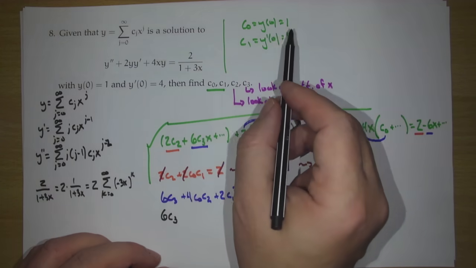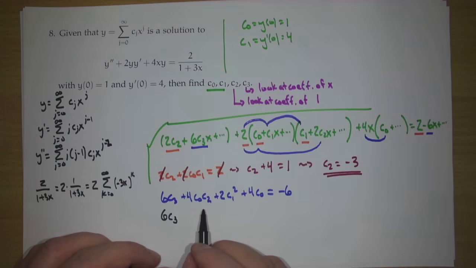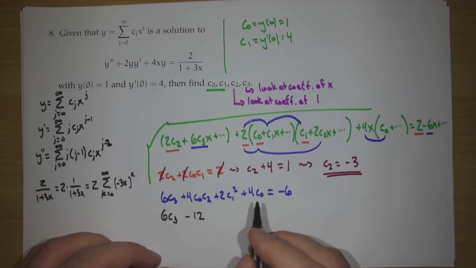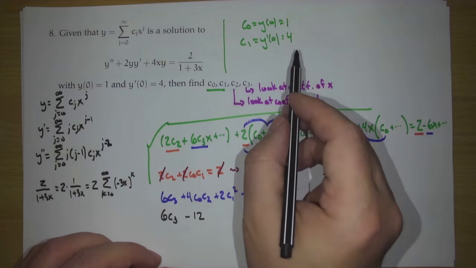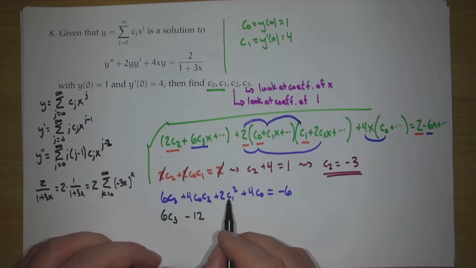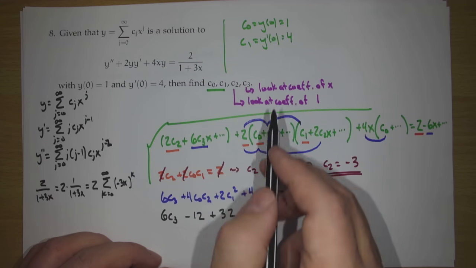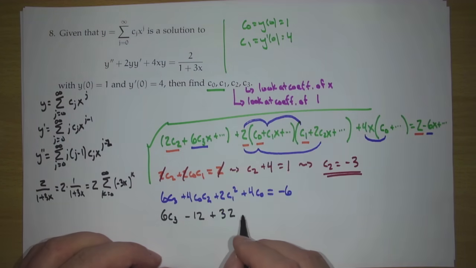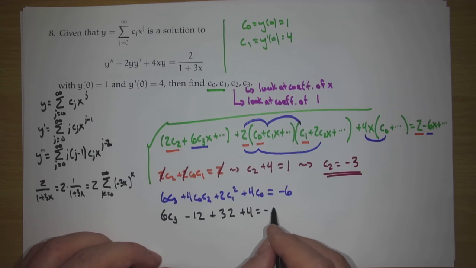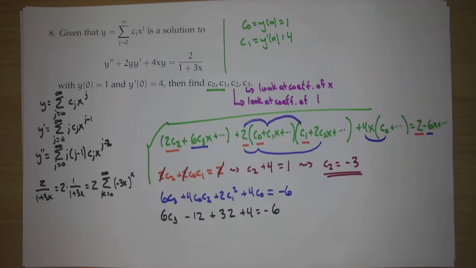Okay, so, well, we plug in what we know. C0, we know is 1. C2, we just found that. That's negative 3. 4 times 1 times negative 3 makes minus 12. C1 is 4. So 2 times 4 squared. That's 2 times 16, which makes 32. C0 is still 1. So plus 4 equals negative 6. And let's see.